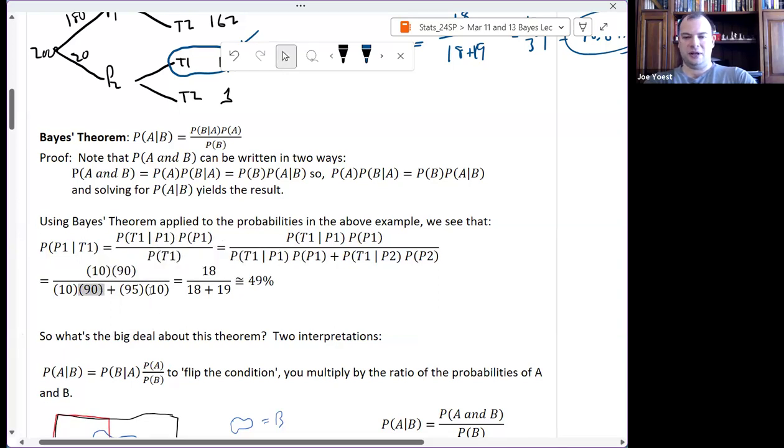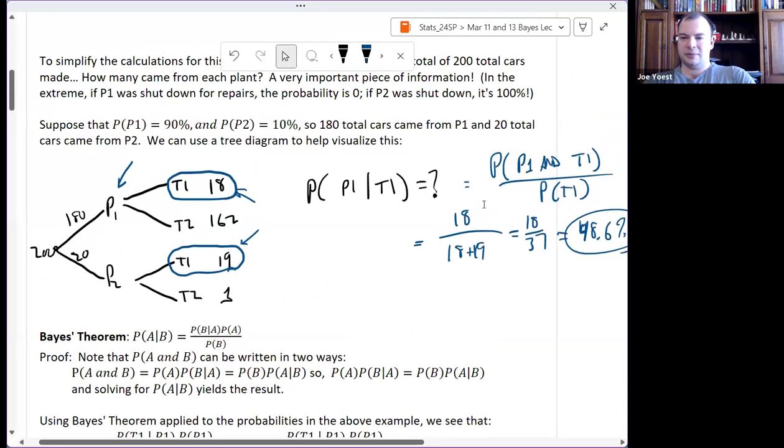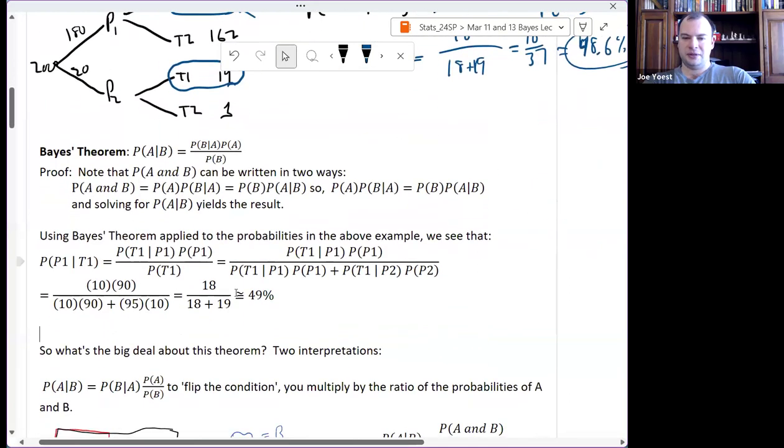And a random car in the car lot, what's the probability it is from plant 2? 10%. We see that the 10s actually all divide out, and I get 90 over 90 plus 95. I can divide out a factor of 5 from there. And that gives me 18 over 18 plus 19 once I do all of that simplification, which is exactly what we got up here, for somewhere in the ballpark of 49%, a moderate probability.